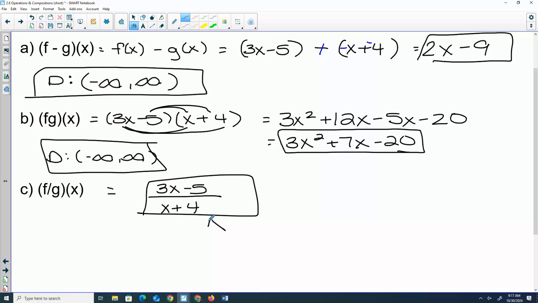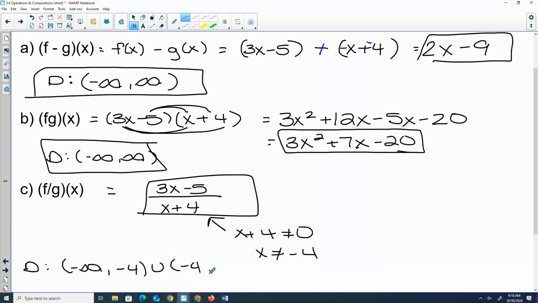Yeah, it's a fraction, so the denominator can't be 0. So x cannot be negative 4. So then our domain is everything except negative 4. So it'd be negative infinity to negative 4, union negative 4 to infinity.